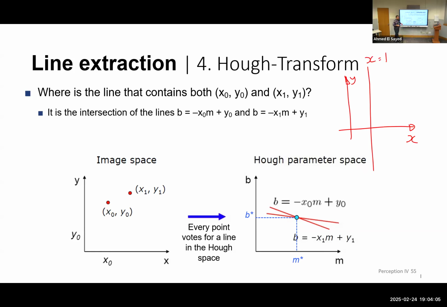Can you find the Hough transform of this line? This is a line or no? It's a line in the collision space. What is the Hough transform of this one?